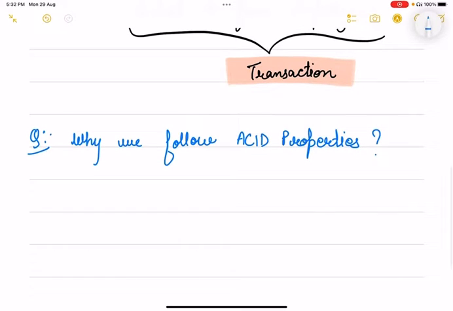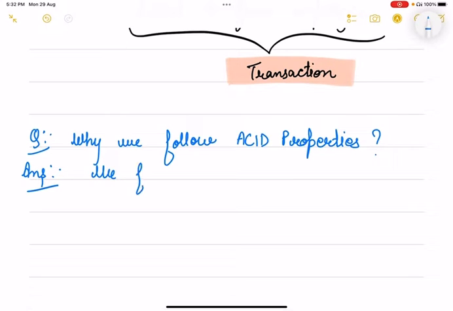What is the need of ACID properties and why is it so important? So what will be the answer? The answer is very basic: we follow ACID properties to maintain consistency of the database before and after the transaction.